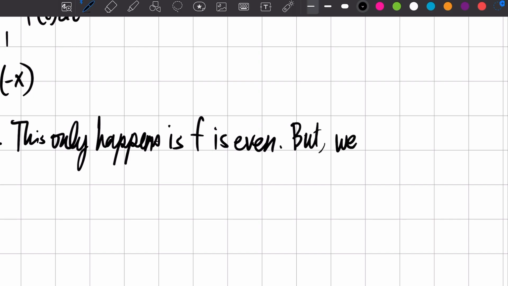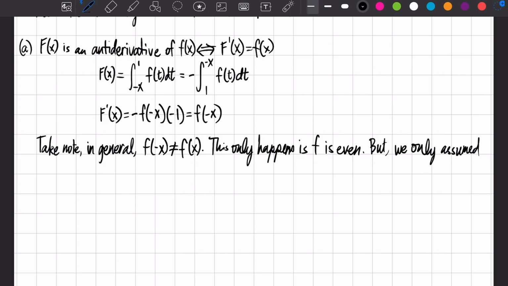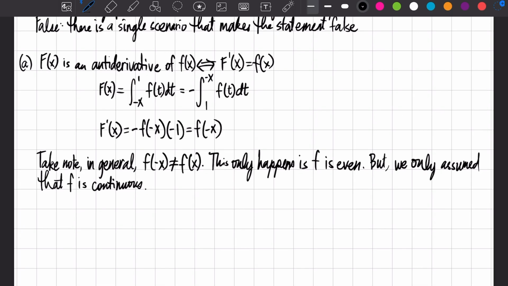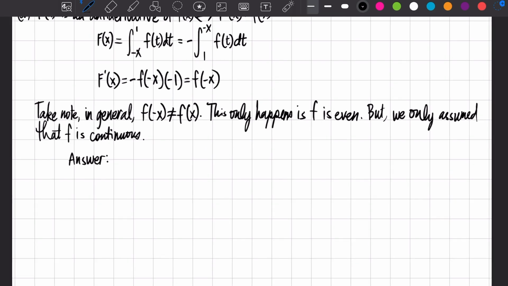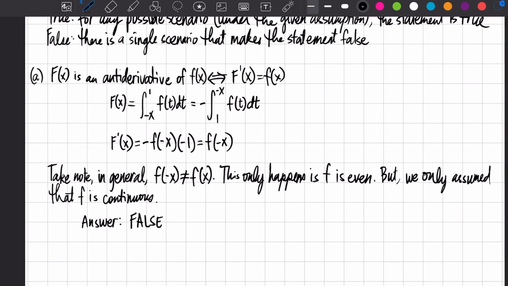We only assumed that f is continuous. Therefore, we have some scenarios that make the statement false. That is, if your f is odd or f is neither odd nor even. So our answer here should be false. Answer here is false. Okay?